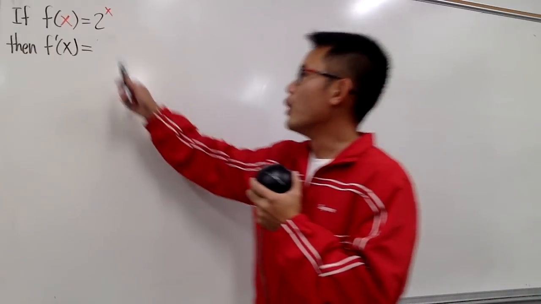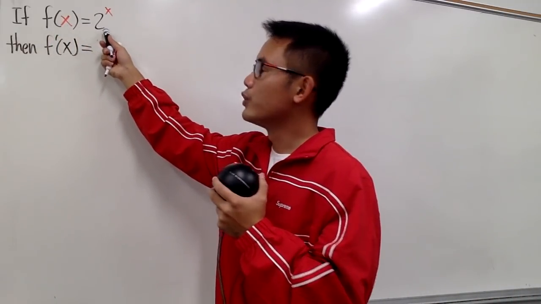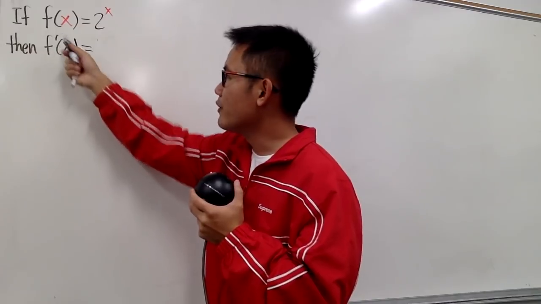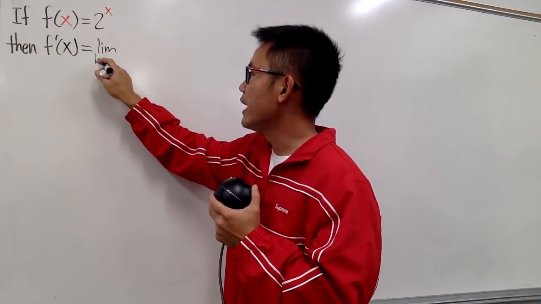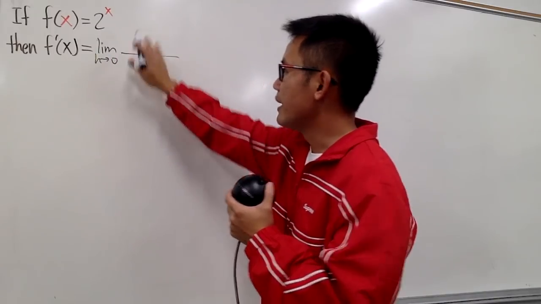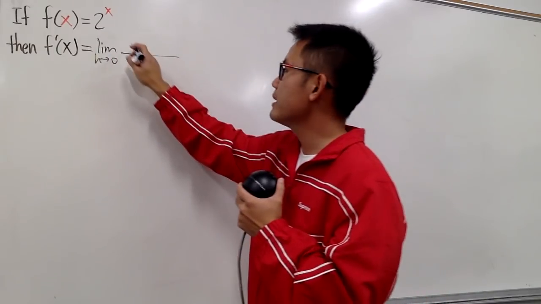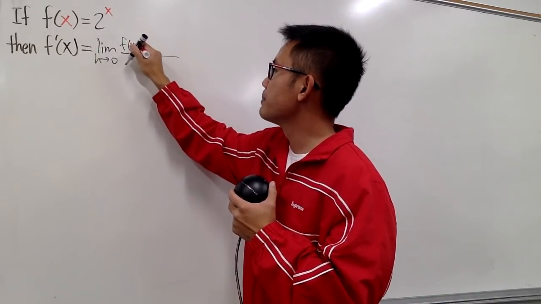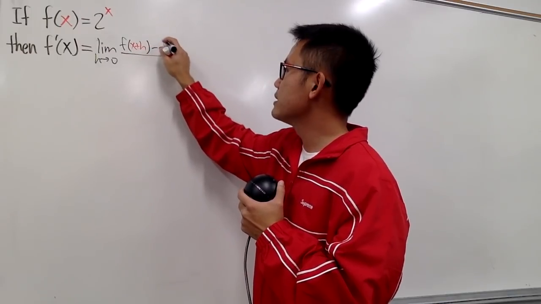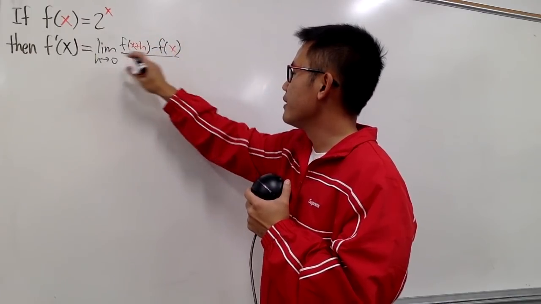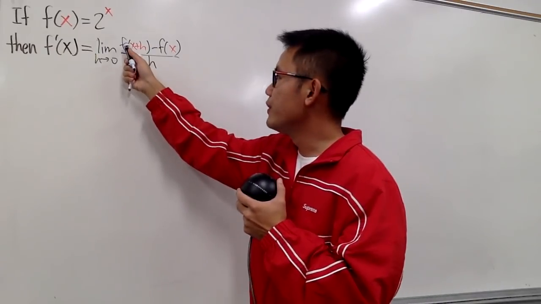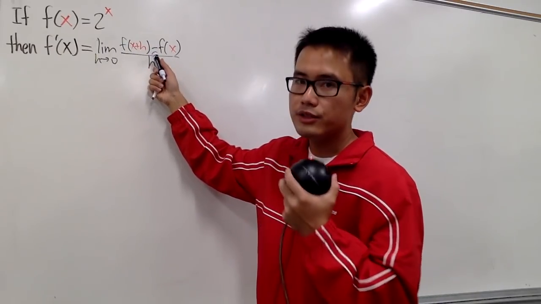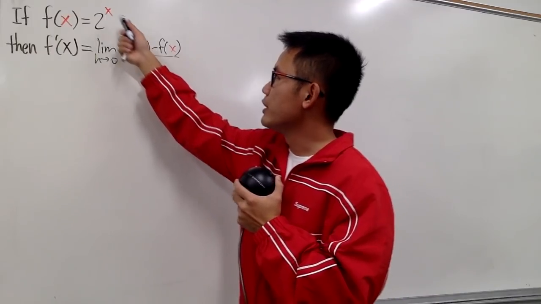That means when we have f of x is equal to 2 to the x, f prime of x will be, by definition, the limit as h goes to 0. And here we have that difference quotient, right? Namely, f of x plus h minus f of x, and then over h. To figure out f of x plus h, we can just plug in x plus h into this x.